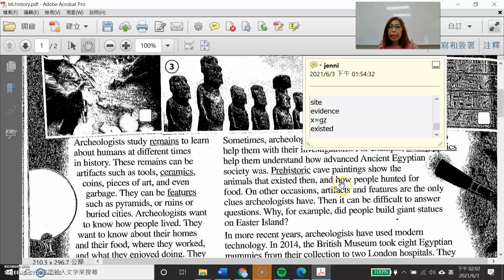And how people hunted for food on other occasions, 在其他的 occasion 就是场合.